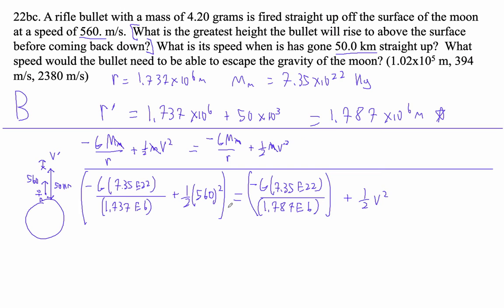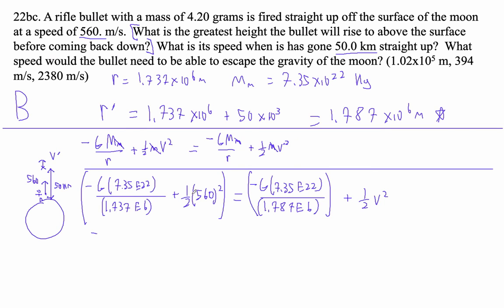Oh, whoops, that was a failure. All right, so let's see. Plus 0.5 times 560 squared. I put that in the denominator.